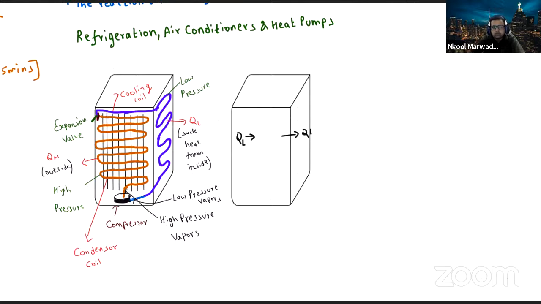And this process is not spontaneous. If it were spontaneous, then the refrigerator and AC would have worked without electricity. It would be so good. But unfortunately, this does not happen. We have to do external work in order to achieve this.